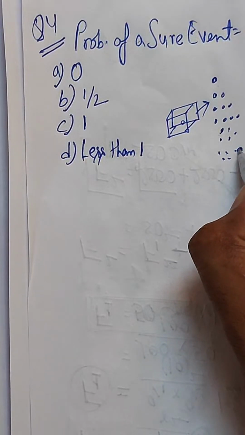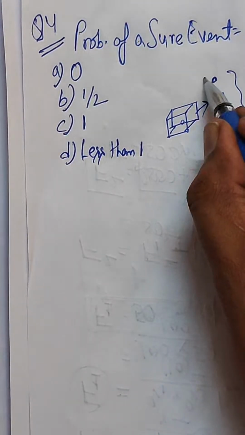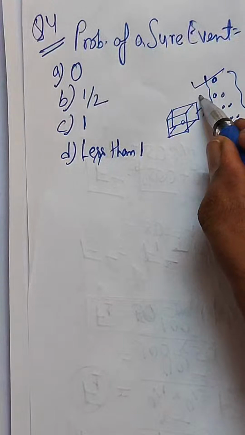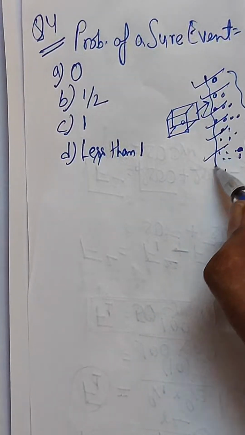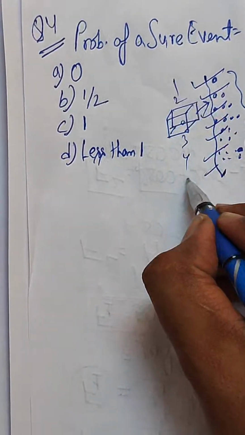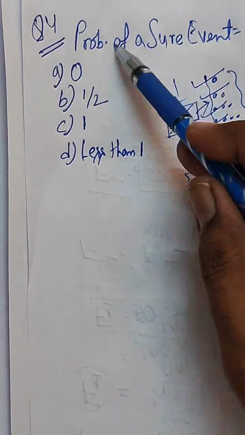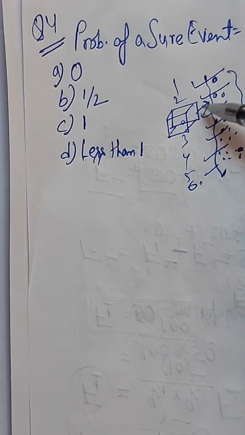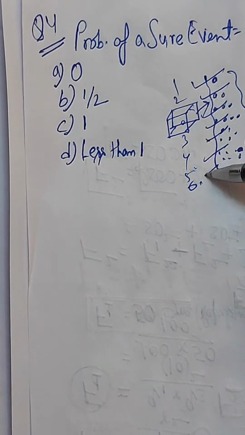So here these are the probability of a sure event. It can be any of these options, any of the 1 2 3 4 5 6, right? So it's confirmed that if your expectation is to have some number by throwing a dice, then definitely you will get some number between 1 to 6, right?